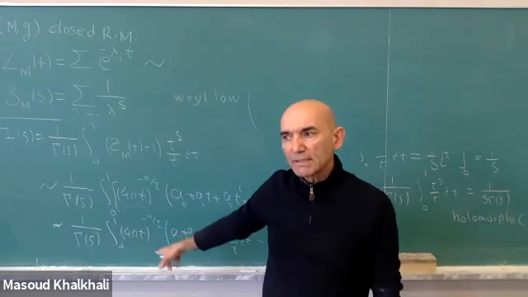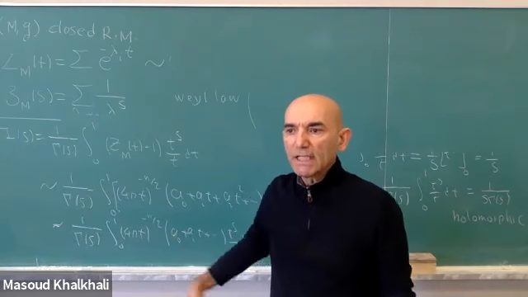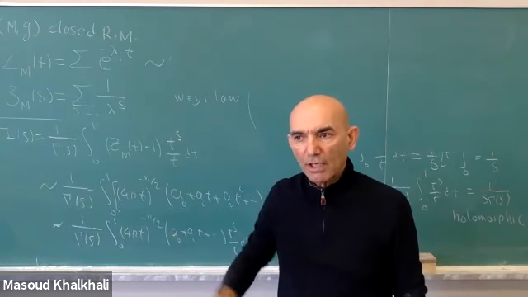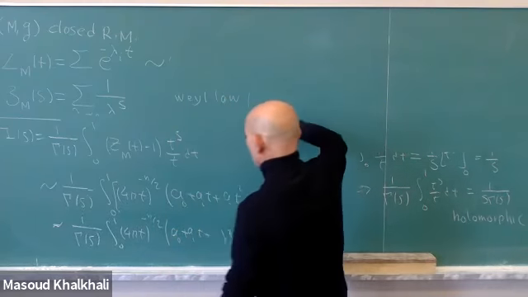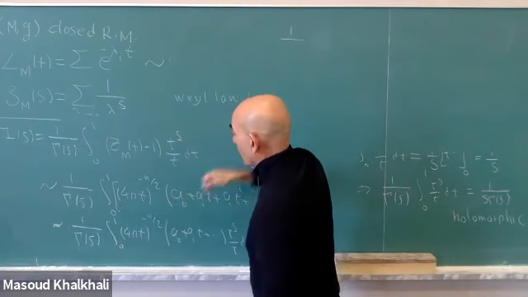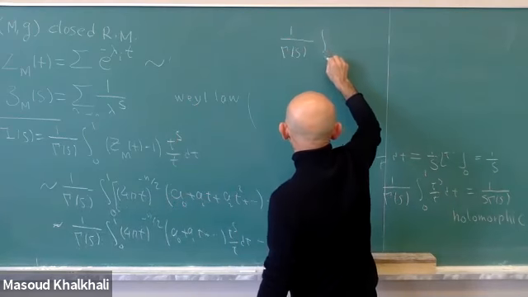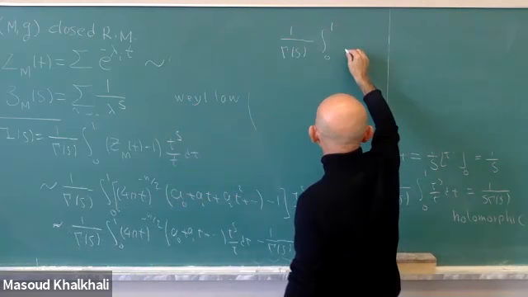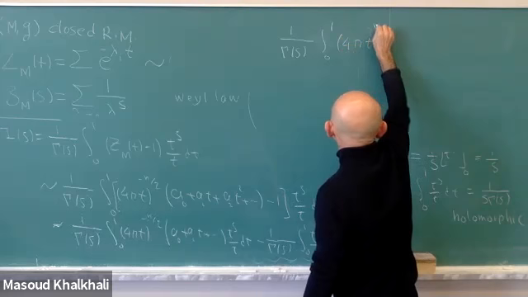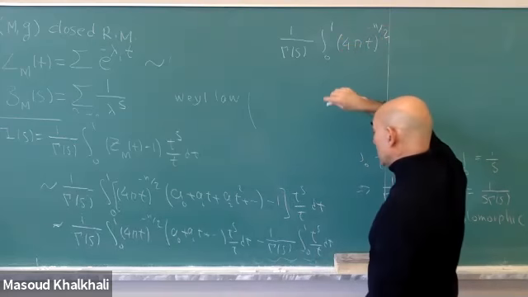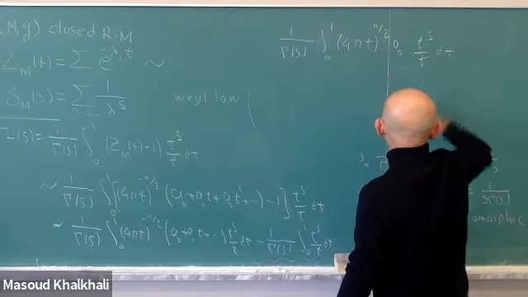I'm going to look term by term at this asymptotic expansion and see what is the nature of each integral, whether I can analytically continue it separately to start with or not. So let's take a look at one of them. For example, the first one, 1 over gamma s, integral 0 to 1, 4 pi t to the minus n over 2, a0 t to the s over t dt.